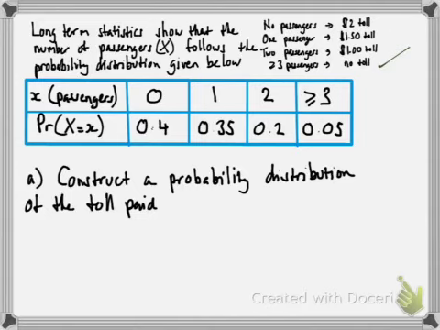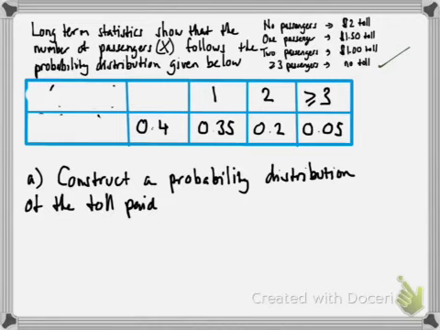So to create a probability distribution of the toll paid, all I have to do here is rub out the number of passengers and change that column there. In fact, what we might do here, I might actually change the variable altogether. So I'm going to rub out a lot here.